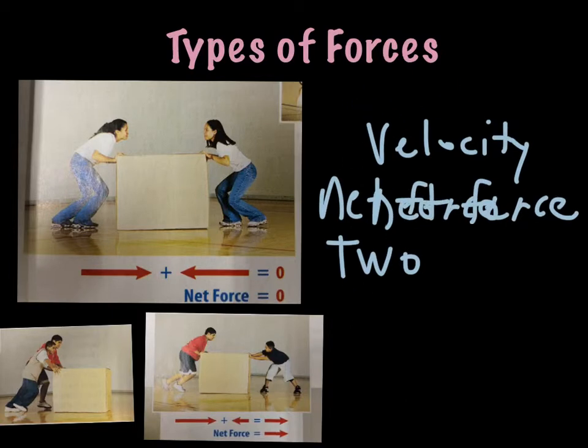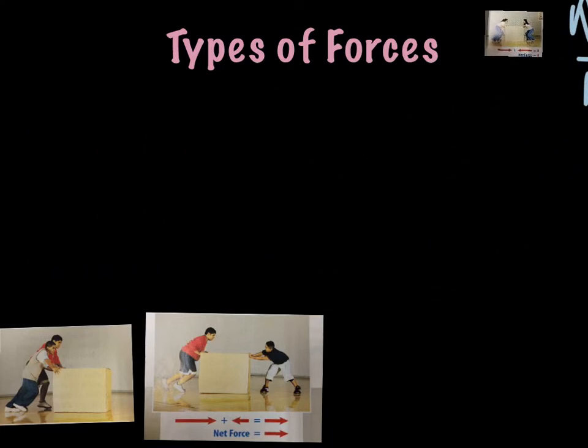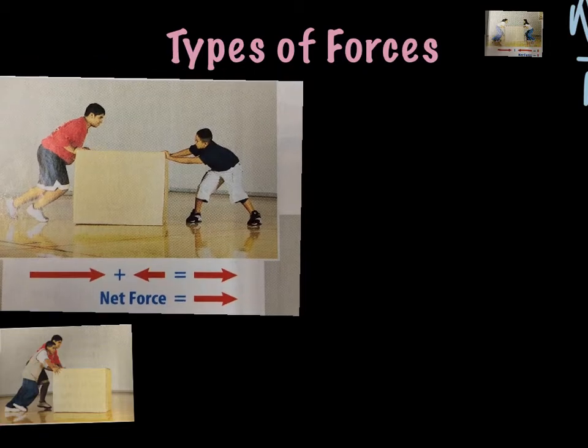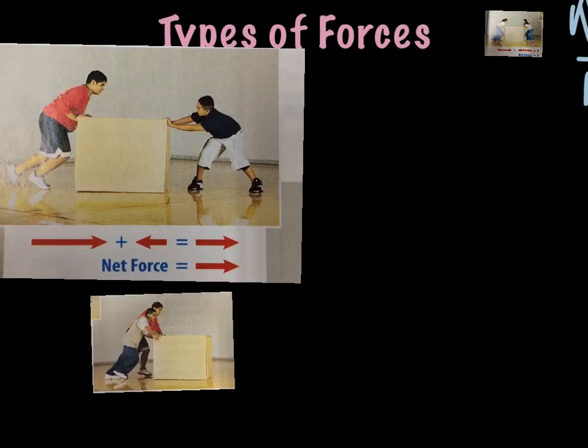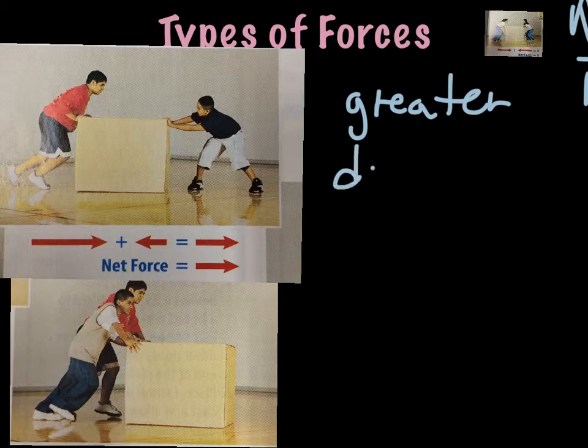Now we're going to talk about what happens when we have unbalanced forces. This picture is an unbalanced force, and this picture is also an unbalanced force. The first one is when 2 people are pulling in opposite directions, and one pulls with a greater force, the object will move in the direction of the larger force.